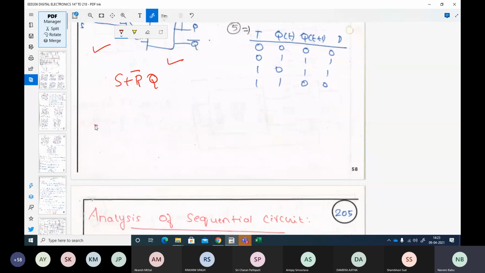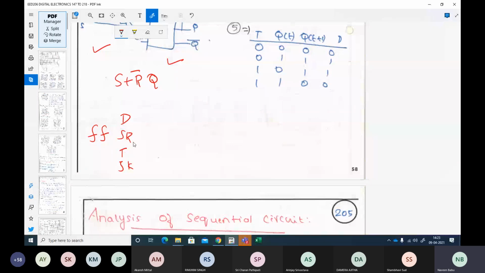Please note, I'm just saying a flip-flop in general. You can use any flip-flop that you have: a D flip-flop, an SR flip-flop, T flip-flop, or JK flip-flop. It is up to the designer's choice. Whichever is cost effective, whichever is faster, whichever has less logic to implement, you can choose any kind of flip-flop that you want.